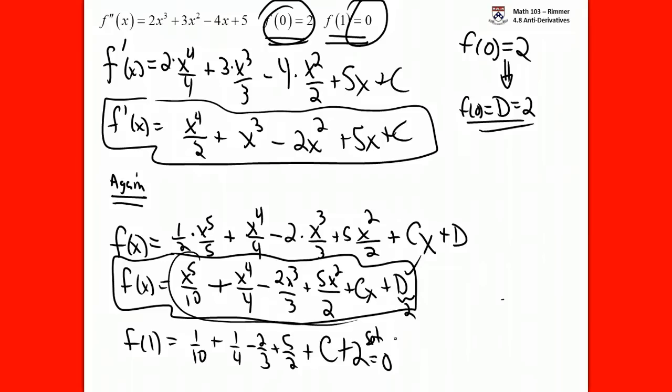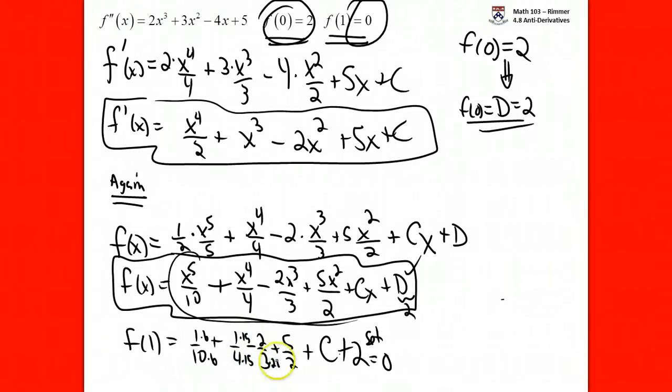Here we go again, all this fraction arithmetic. 10, 4, 3, 2. Common denominator. You could go 120, but you could do better. 60. The least common denominator. Put everybody over 60. Times this guy by 6. Times this guy by 15.